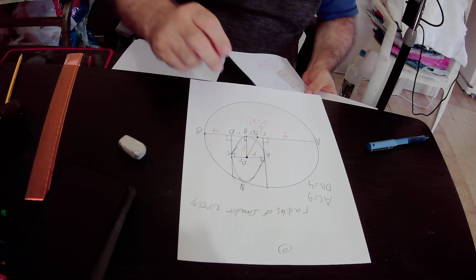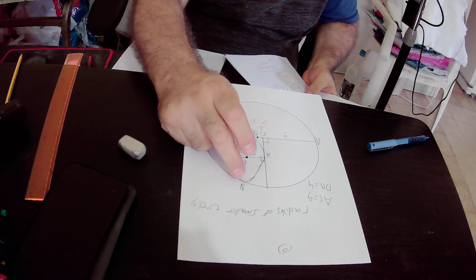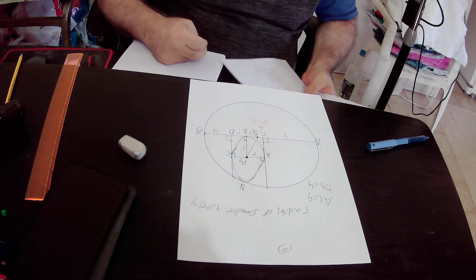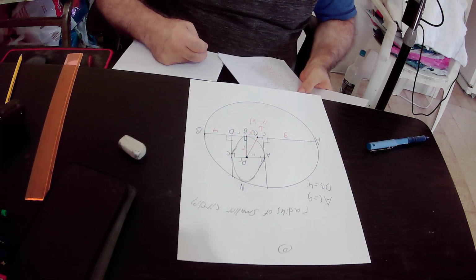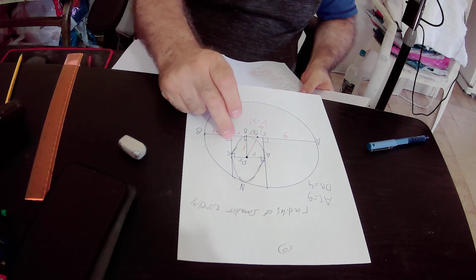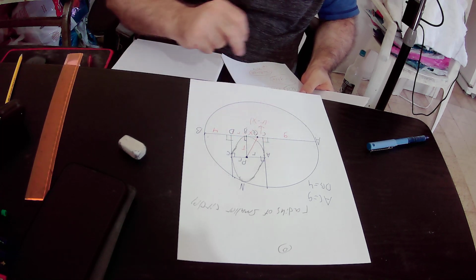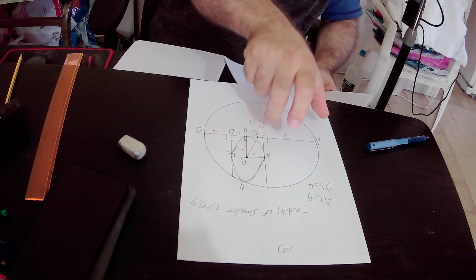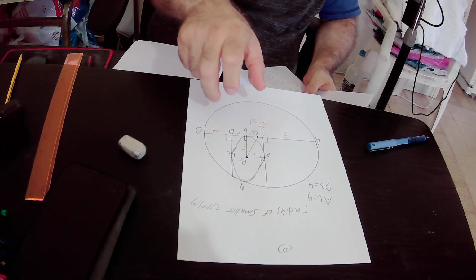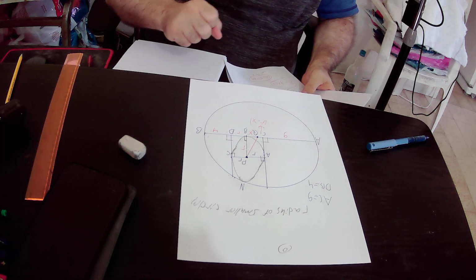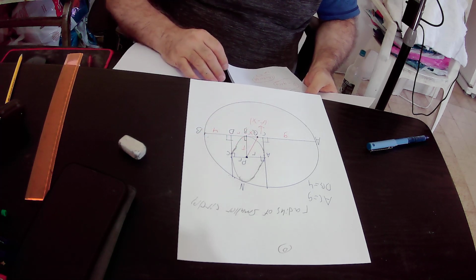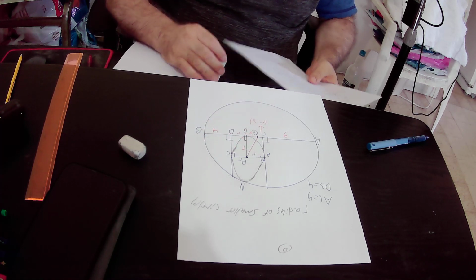The point of contact between the two circles is at point N, this point, and this angle is 90 degrees, this angle is 90 degrees, and we know that AC equals 9 units and BD equals 4 units, and we want to find the radius of the small circle.